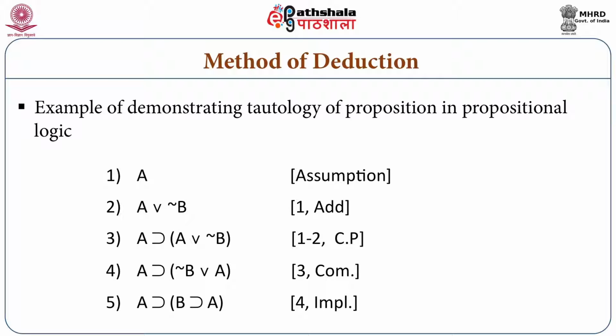Now, the rule of addition says that if we have A, we can infer A or not B. That is allowed. So, given 1 and 2, by the rule of conditional proof, we can move on to the next step.